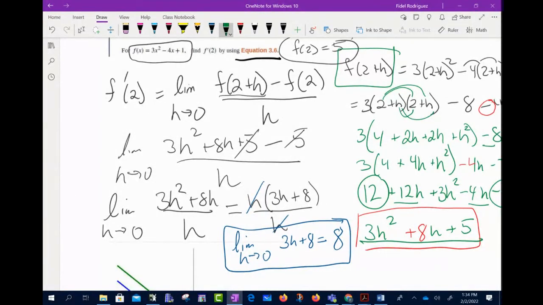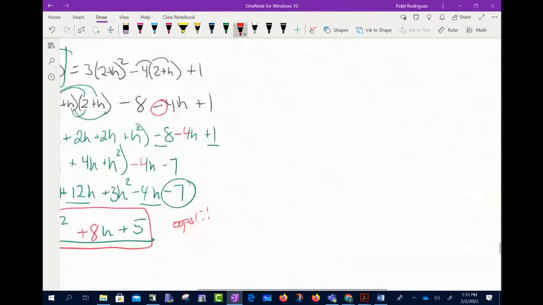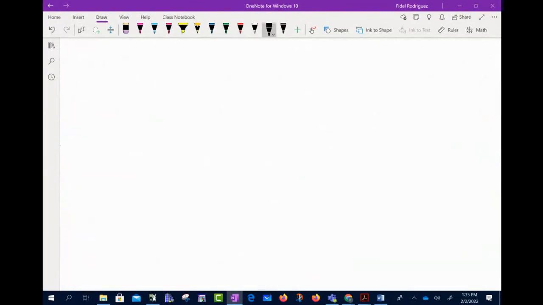Now, again, y'all, remember what we're finding here. What we found is the slope of the line that was tangent to that graph, to that 3x squared minus 4x plus 1, when x is equal to 2. So the slope of the tangent line ended up being what number? Ended up being 8, right? So again, just to give you a rough idea, what does that mean?